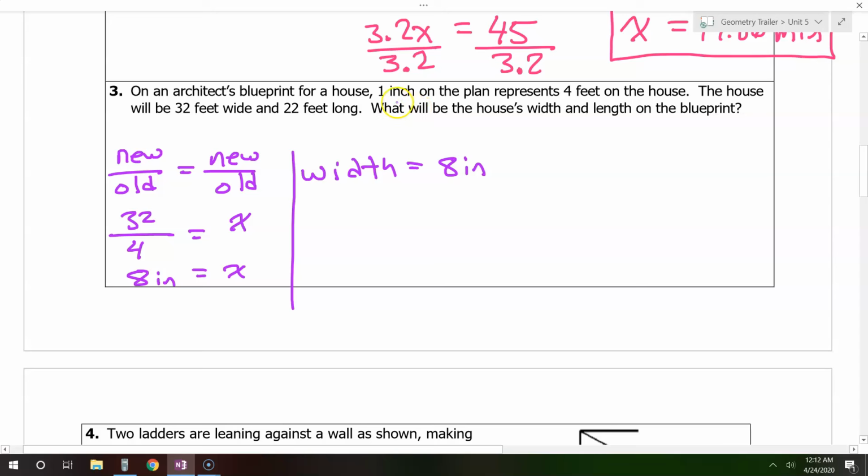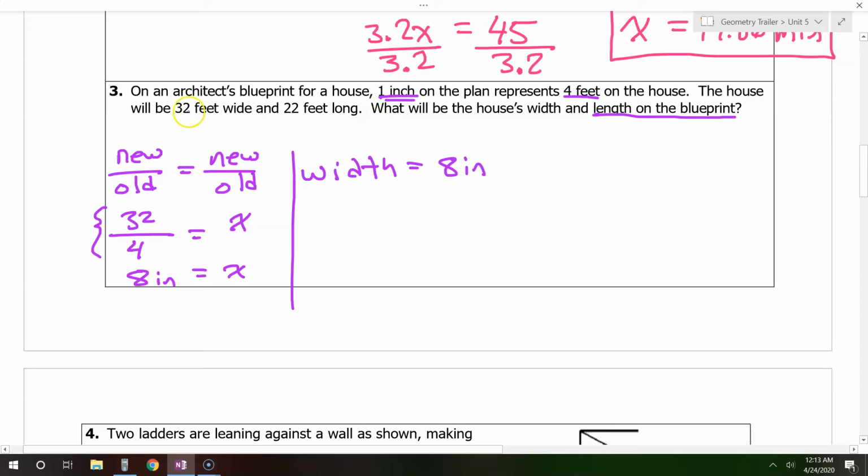If 1 inch on the plan is equal to 4 feet on the house, a length on the plan is just going to be 1/4 of this. The feet on the house is 4 times the number of inches, so the number of inches is 1/4 the number of feet. That's why when we set it up, all we did was divide by 4. It'll be the same thing here.